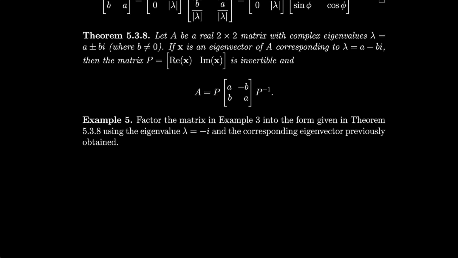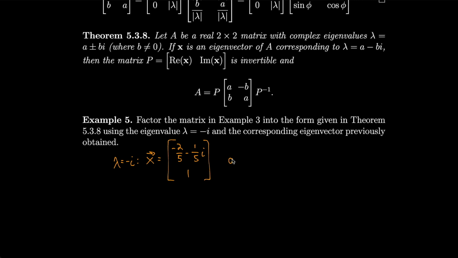So as an example, how about we factor the matrix in example 3 into the form given in this theorem, 5.3.8, using the eigenvalue lambda equals minus i and the corresponding eigenvector previously obtained. So we've got lambda equals minus i, and that gives us an x equals (minus 2/5 minus 1/5 i, 1) for the eigenvector.